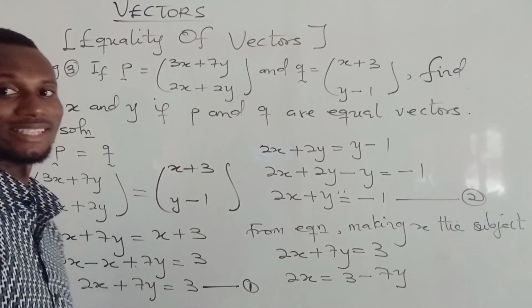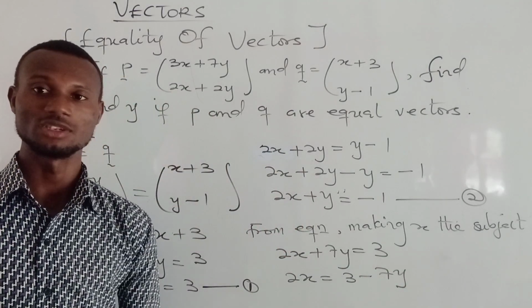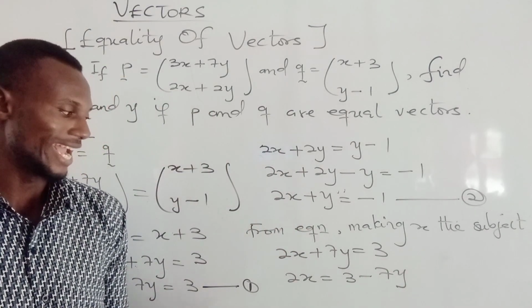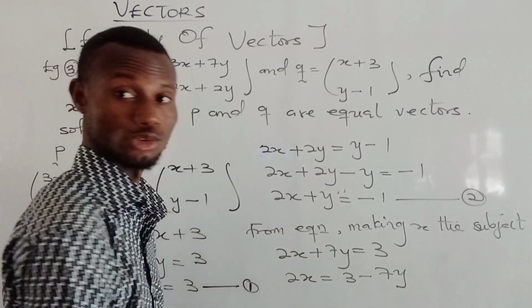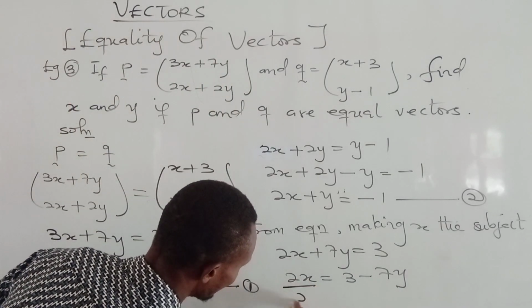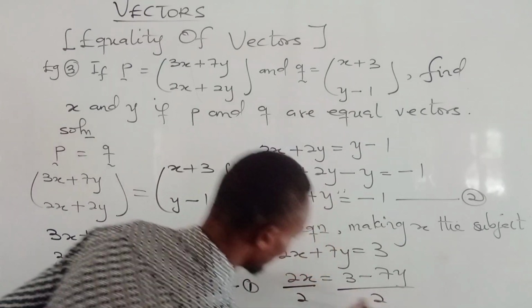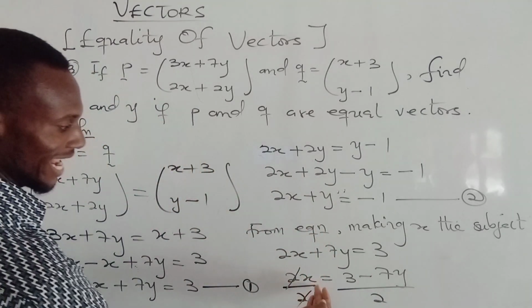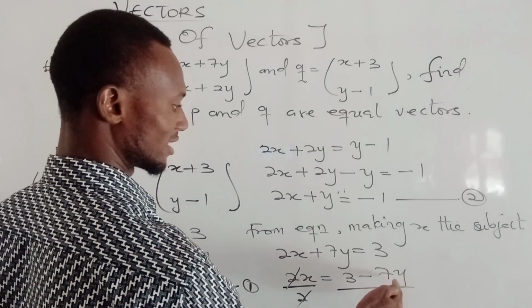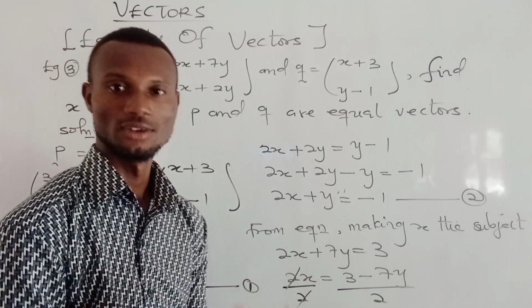I hope you understand and you agree with me up to this point. And for me to get my s, I'll divide through by the coefficient of s, which is the 2. So I'll divide here by 2 and here also by 2, so that this and this will cancel. So I'll have that my s equals to 3 minus 7y all over 2.